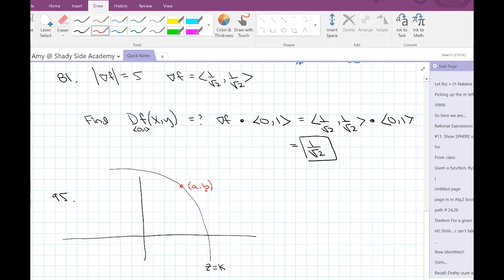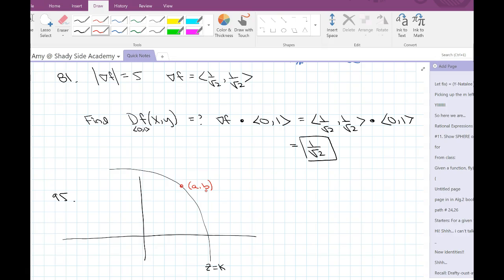It says that the slope of the line tangent to this contour must be f sub y at a comma b over f sub x at a comma b. One of the issues I have with true-false questions that are written in many texts, including this one, is that the verb is should be must.